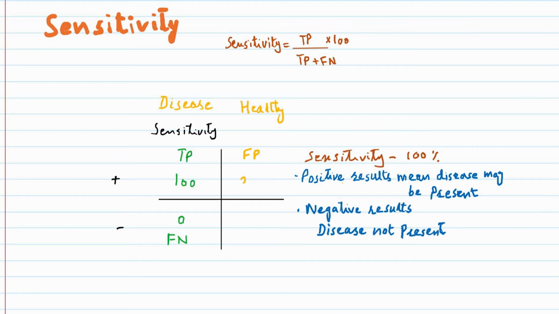Suppose we have 30% false positive results with this test, then positive predictive value in this test will be 77%. We can see although the sensitivity of the test is 100%, the positive predictive value is only 77%.